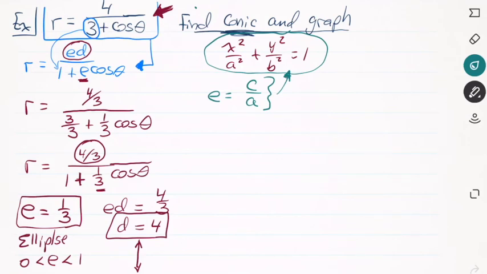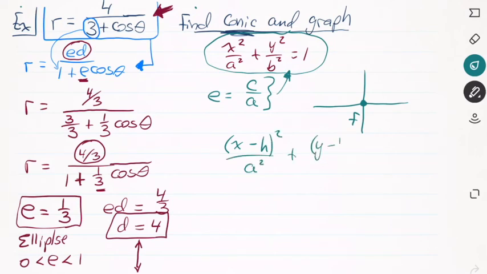But you also have to remember that when we do the graph polar style, we're putting a focus at the origin. So more than likely what we're going to be dealing with is (x minus h) squared over a squared plus (y minus k) squared over b squared equals 1.